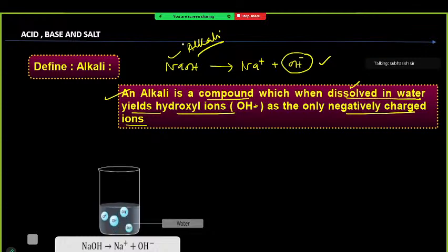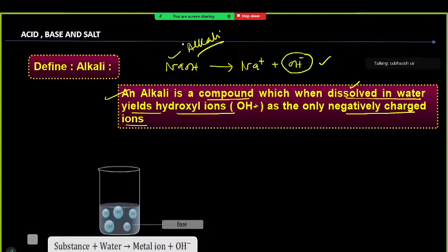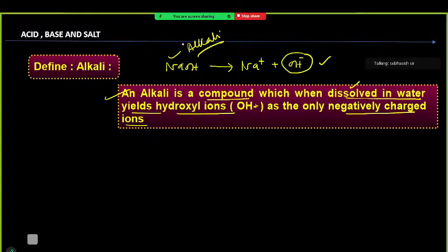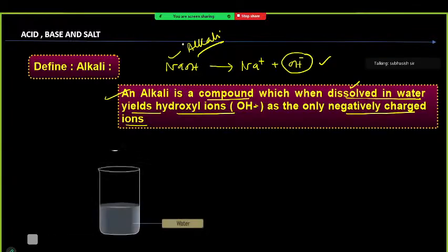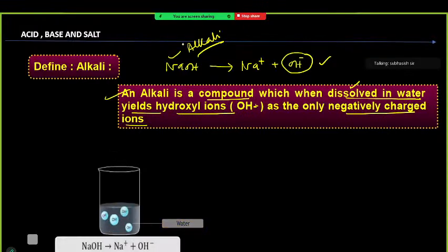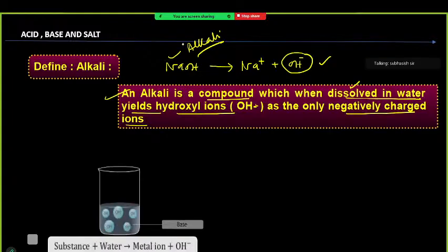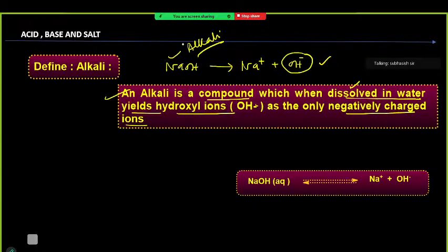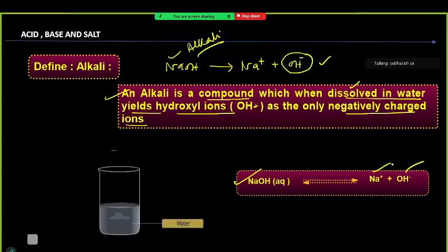So here you see that sodium hydroxide dissociates with the formation of Na plus and OH minus. That's why you can say that sodium hydroxide is an alkali, only because it gives rise to OH minus in solution.